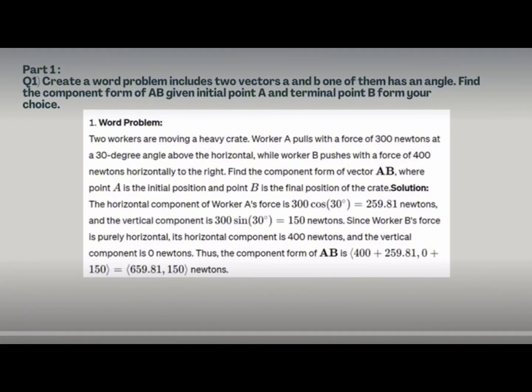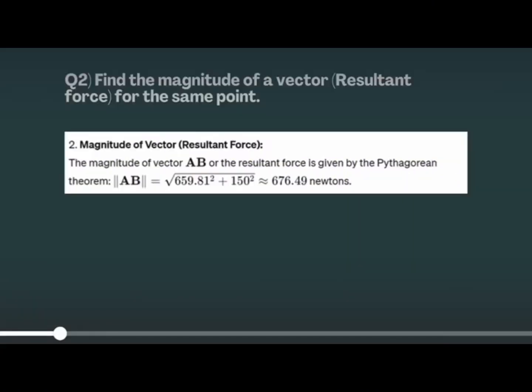Okay, and here are our components of A and B. We got 695.81 and 150 newtons. We just used the normal component formula. Next, we found the magnitude of the vector, which is the resultant force.